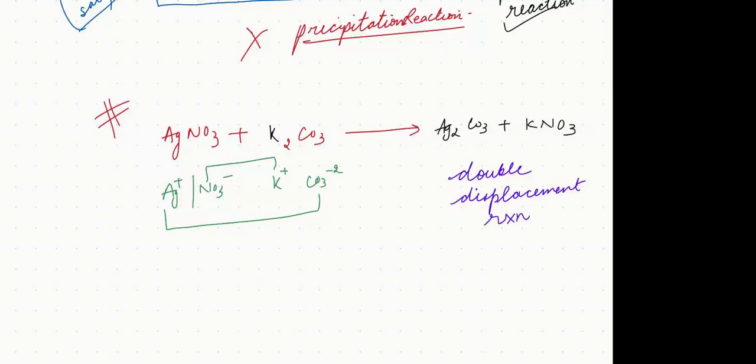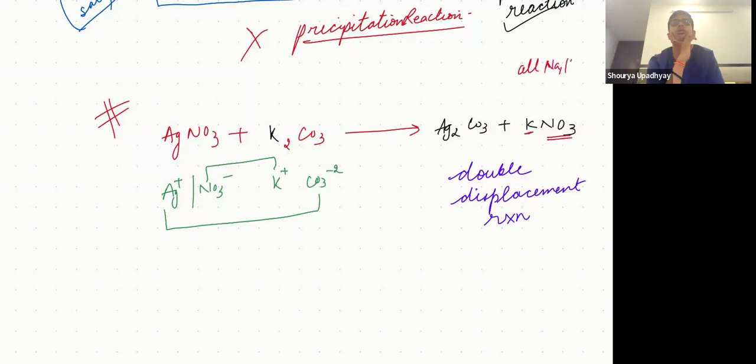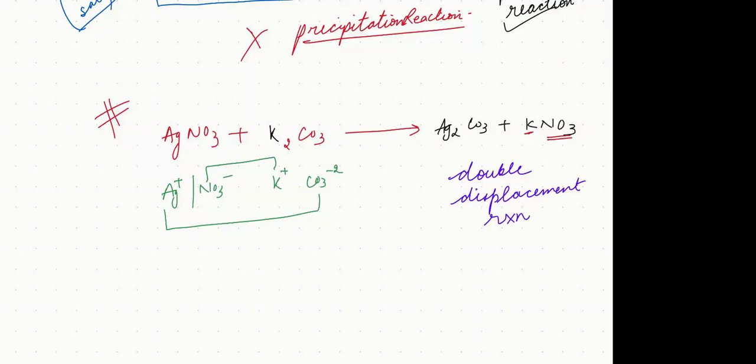Let's check the solubility rules. KNO3 is a potassium salt and a nitrate salt. We know that all salts of potassium are soluble. All salts of sodium, potassium, and nitrates are always soluble.